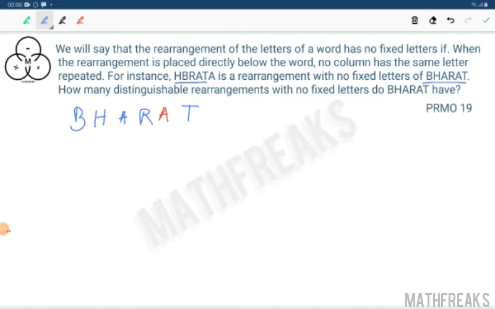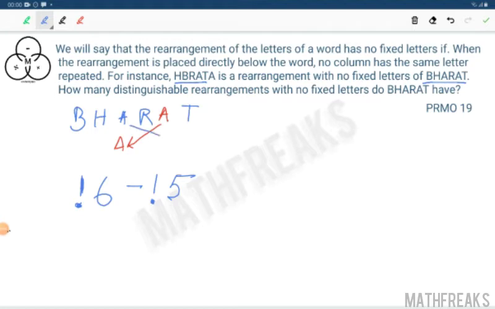Suppose this A, again, the entire word can be rearranged in subfactorial of 6 ways. This A goes here. We will subtract, and the other remaining 5 things are deranged. So this is definitely an invalid case. Minus subfactorial of 5.